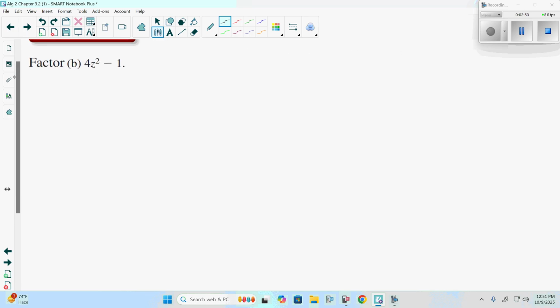4z squared minus 1. So 4z squared and 1, we need to see if they are perfect squares. So if they are, what times itself is 1? 1. 1 times 1 is 1.